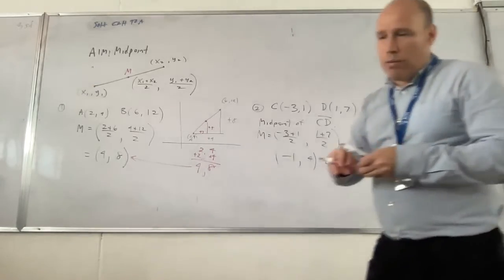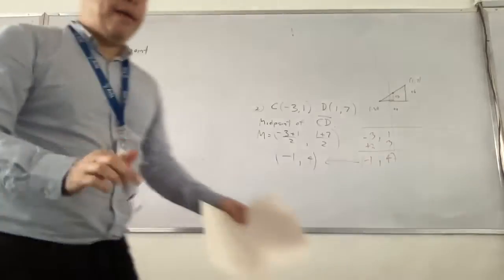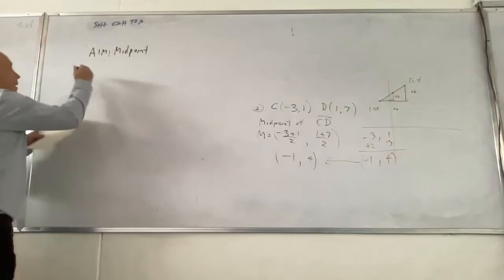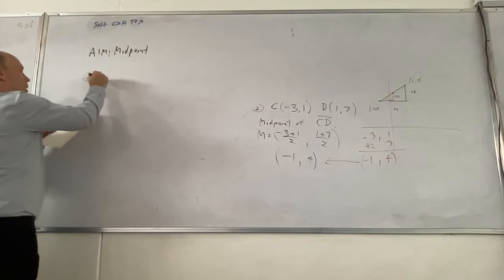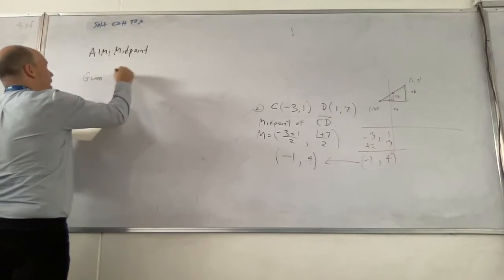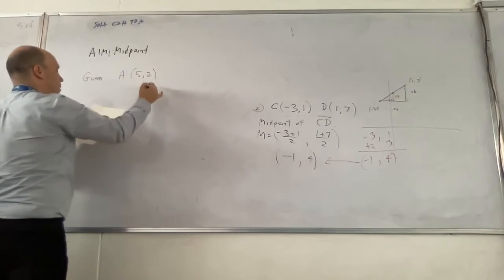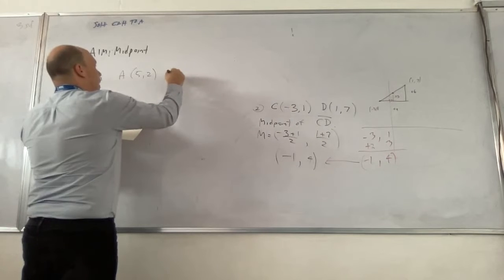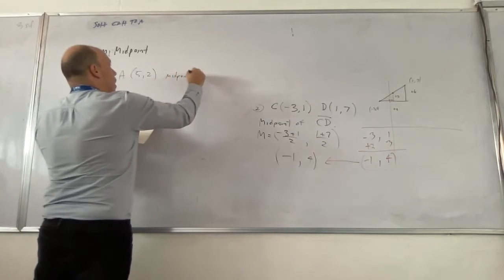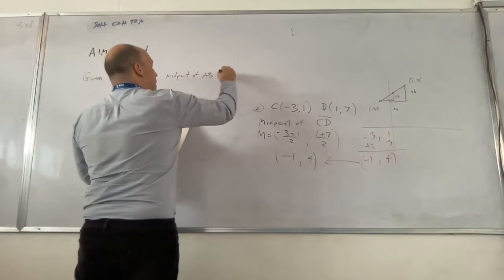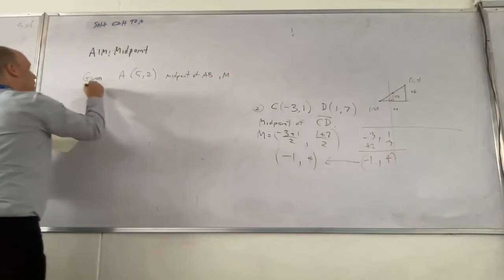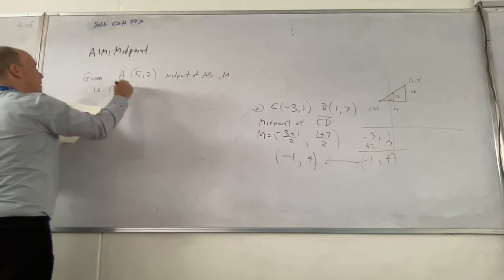Nice. Now, same idea. The last set of problems: given A is 5, 2, and we know the midpoint of AB, M, is 8, 7.